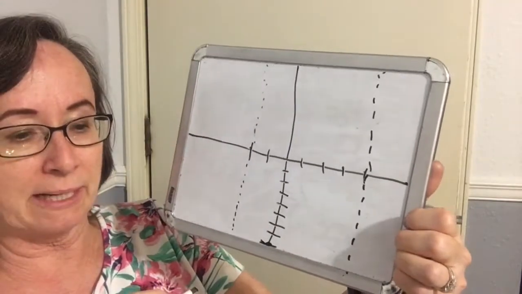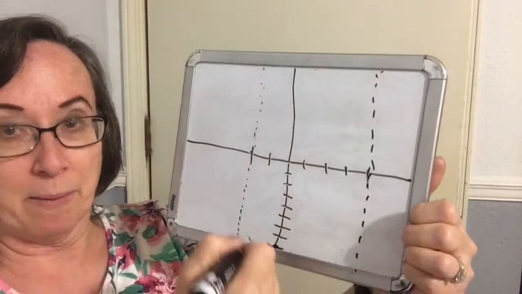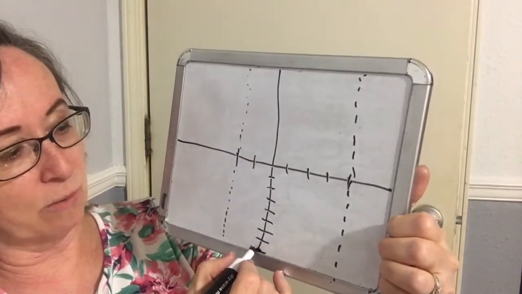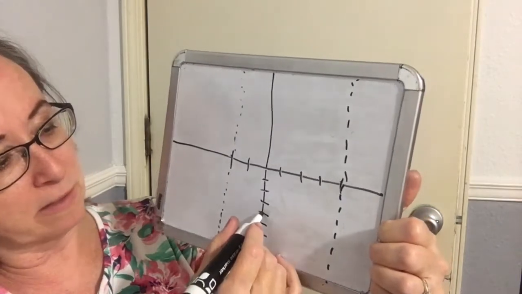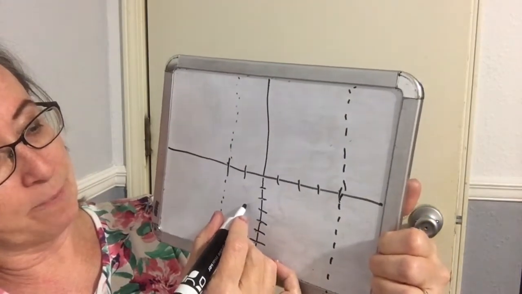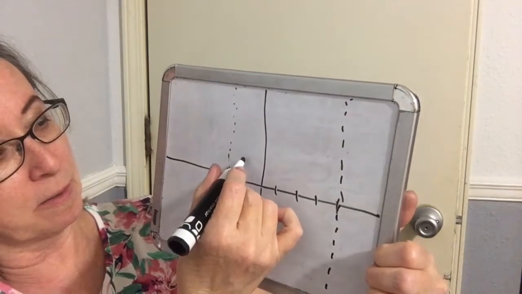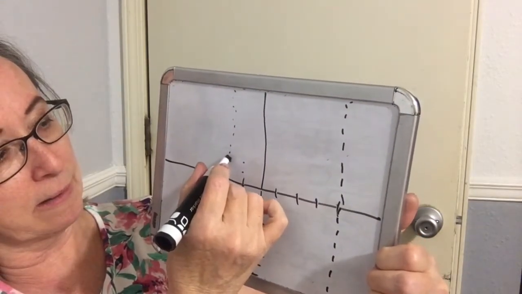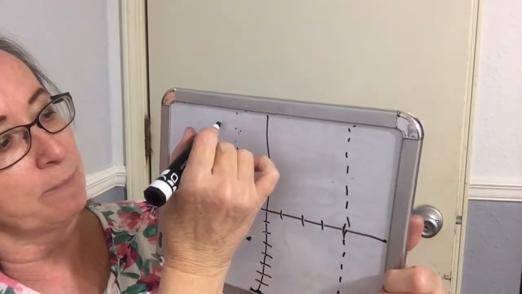And then it would be going a slope of negative 5, which means it's going to go up this way. It's going to go up 5, back 1. Okay, so up 5, back 1, and up 5, back 1, and up 5, back 1.